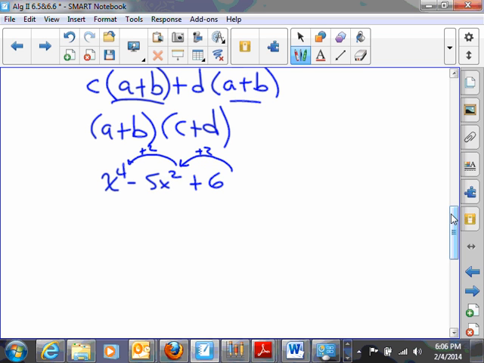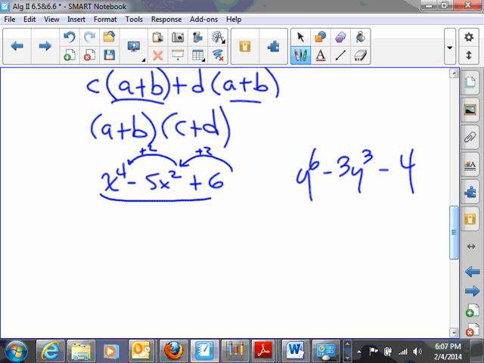Or you might have something like y to the 6th minus 3y cubed minus 4. Both of these are in what you would call quadratic form. They're not really quadratics, but they have that quadratic trinomial feel to them.